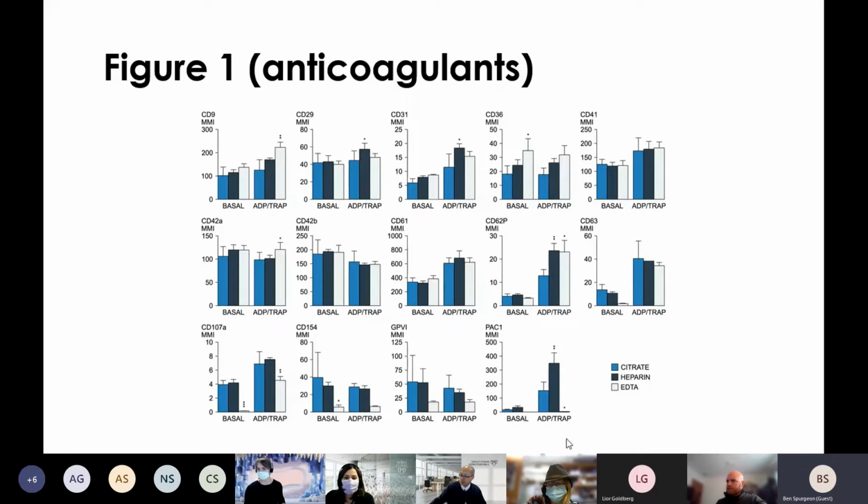But down, I think in the last plot for PAC1, EDTA completely inhibited the PAC1 signal. And PAC1 is a monoclonal antibody that recognizes the activated form of integrin alpha-2b beta-3. And this integrin is essential for binding fibrinogen and allowing platelet aggregation.